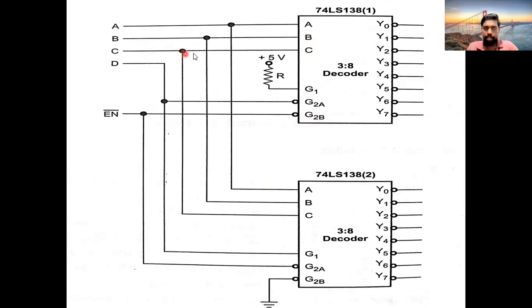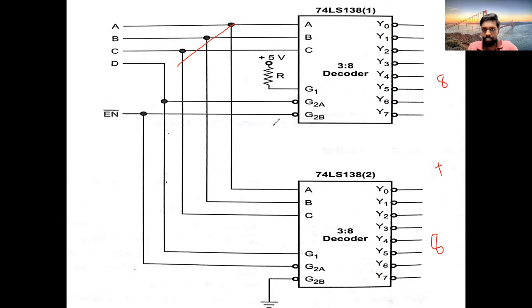Whenever I have made this cascading, these 8 and these 8 will become a group. Here y0 to y7 is 8, and here y0 to y7 is 8. So 8 plus 8 you will get 16. Unless you tie like this, these two groups of 8 won't add up.